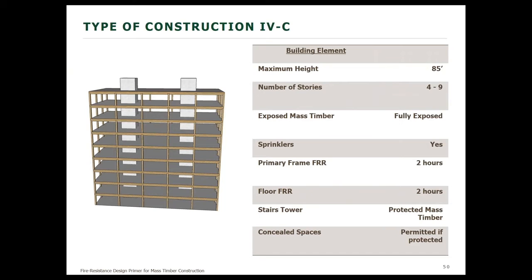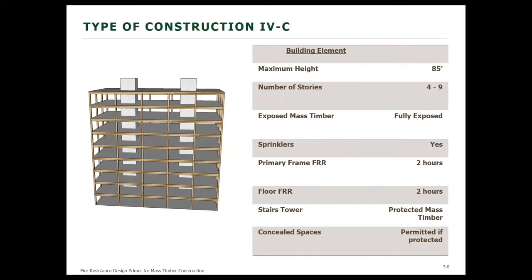What we have for you here is an overall summary of the graphic representation of the allowances and limitations associated with type 4C construction. The next couple of slides show you what's provided for 4B and 4A.